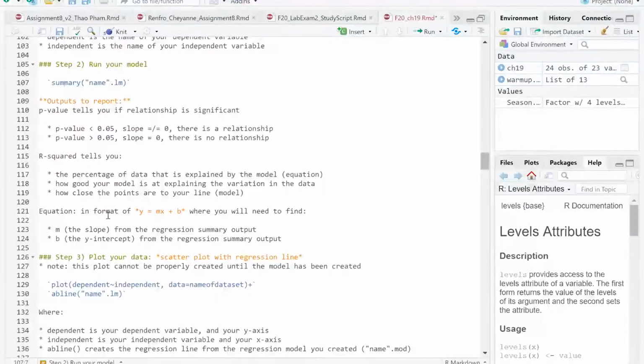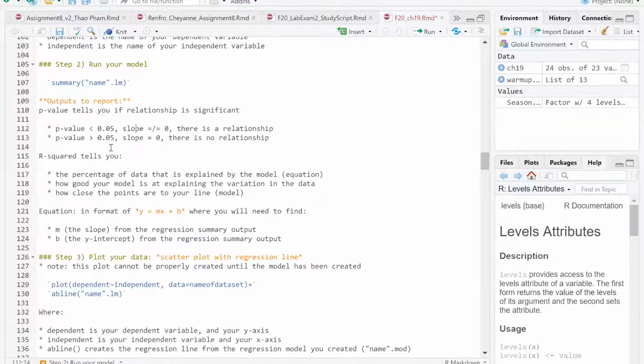When you use the summary function, you get a bunch of information. The things you want to pull out when doing a regression are your p-value, your r-squared, and the equation of your line. So if our p-value is less than 0.05, that means our slope is not equal to 0 and there is a relationship.